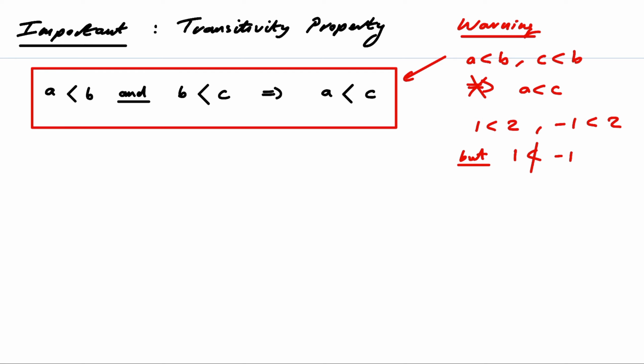Okay, so just a numerical example of this to make sure it's completely obvious. I mean, it is very obvious when you think about it. If I take, let's say, a number x, I don't know what it is, but let's say it's less than 5. And let's make the observation that 5 is less than 7.